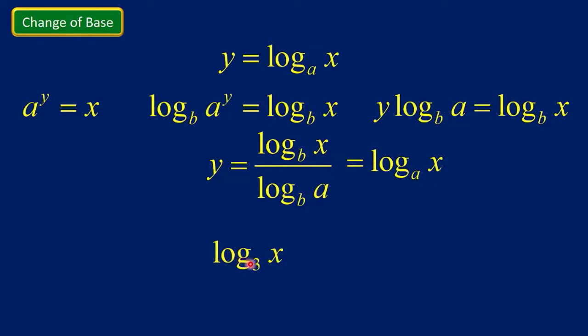I've got log base 3 of x. That's the same as log base 4 of x over log base 4 of 3. Notice, if I want to convert log base 3 to log base 4, I'm going to have a fraction. Log base 4 on top, log base 4 on bottom. The top is going to have the x right here. The bottom is going to have the base.